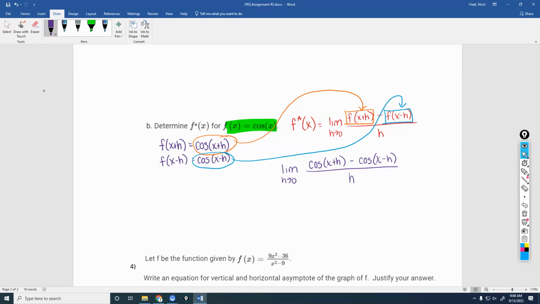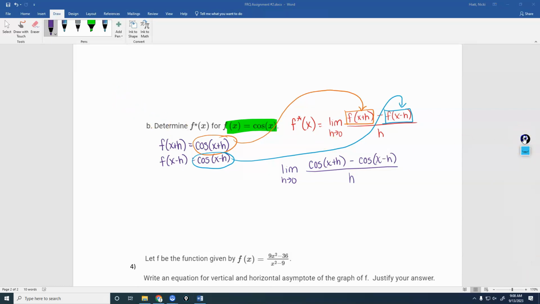Now, if you plug in 0 for your h, you get cosine x minus cosine x, which is 0, and you get a 0 on the bottom as well. So 0 over 0, so this goes nowhere. What you have to use here is something that you guys do not know, and that is the sum and difference formula for cosine.